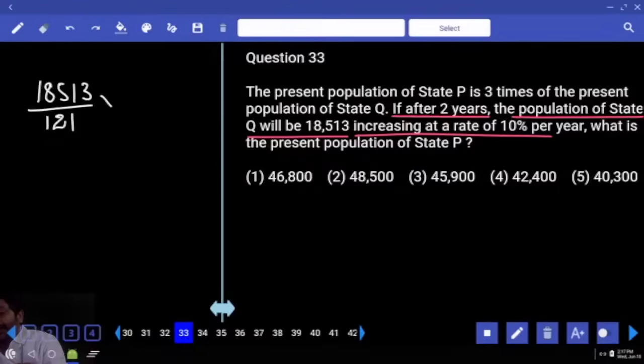If you want to calculate Q's population, it will be into 100. What is this 1% value only? With respect to Q only. So if you want the Q value, you have to multiply it by 100.